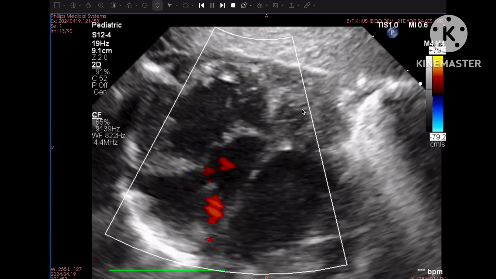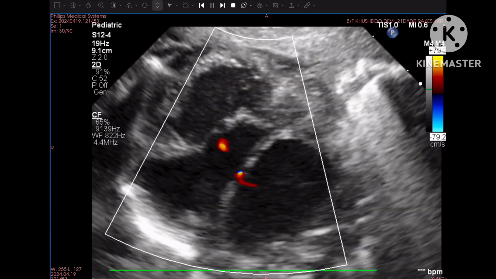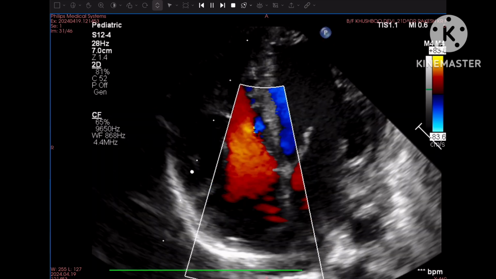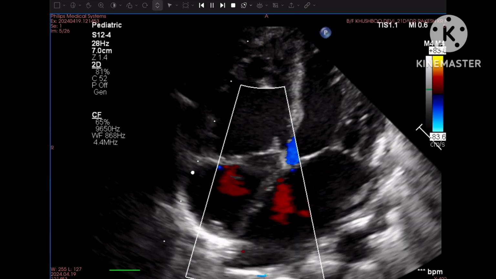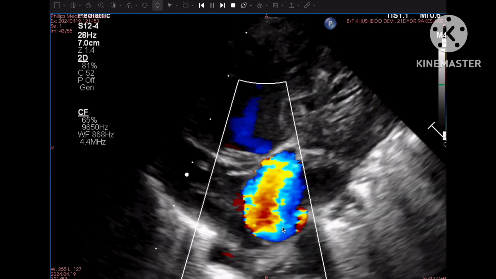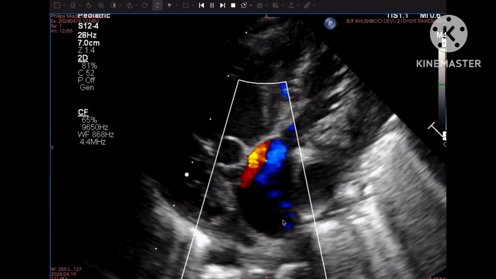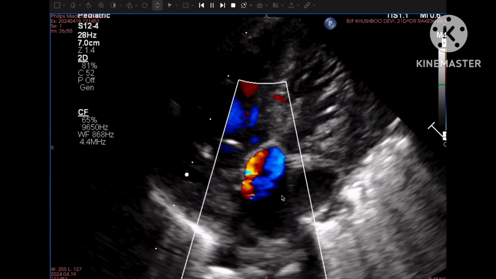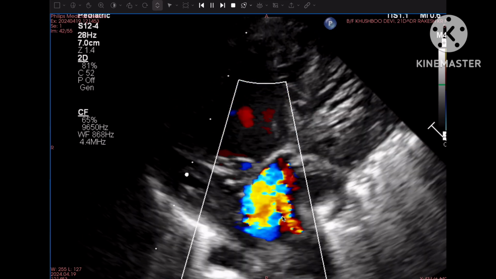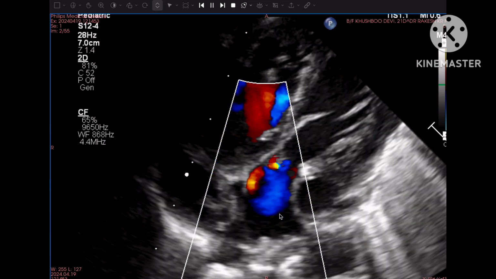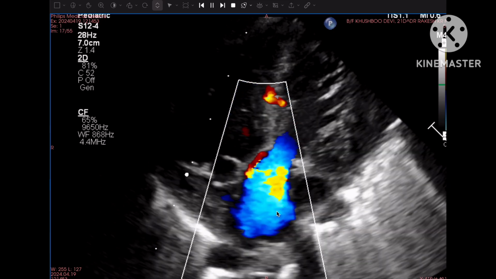In case of PDA level, the patent ductus arteriosus level, what do you see? Flow is mainly aorta to pulmonary artery, but as the aorta and pulmonary artery are already reversed, flow is mainly along mixing.